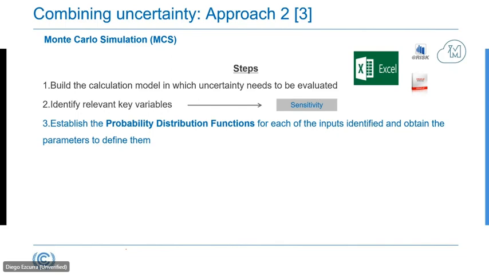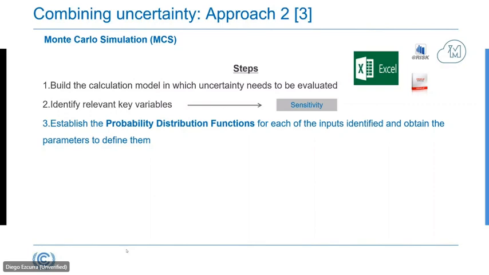For instance, if you assume, as in most cases, a normal distribution, you have to say to the model, this variable behaves as a normal distribution, and the normal distribution is determined by its mean and its standard deviation. So you have to assign the mean and you have to assign the standard deviation for that probability density function. The same happens with log normal distributions.